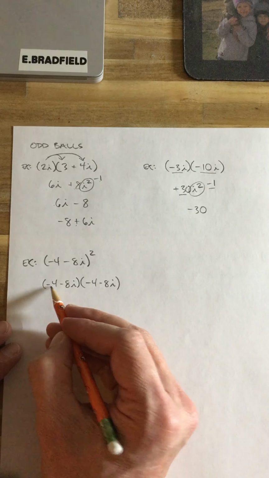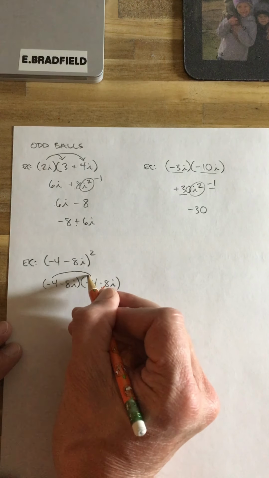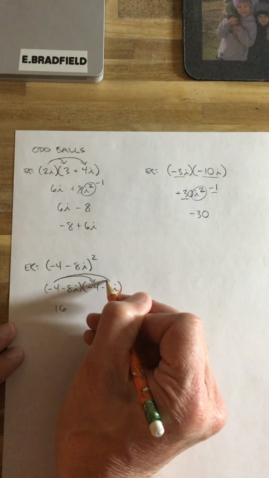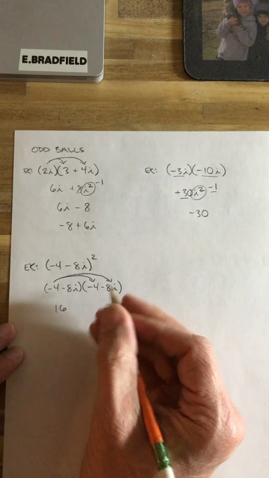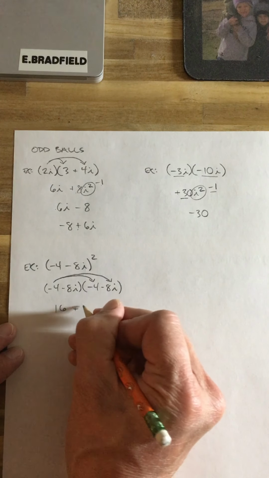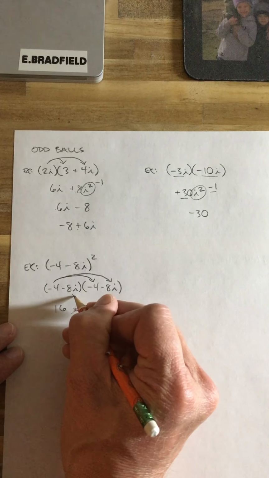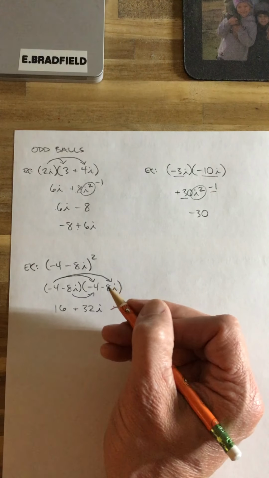So negative 4 times negative 4 is positive 16. Then negative 4 times negative 8i, a negative times a negative is positive, 4 times 8 is 32i.